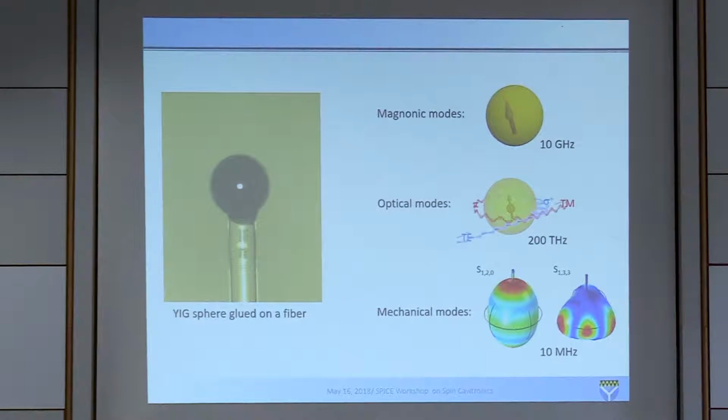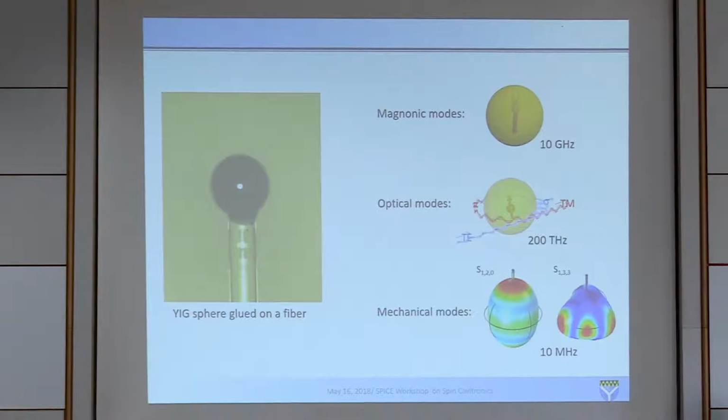I'm going to tell you about the interaction of a magnon with light, with photons. You may be wondering, the magnon oscillation is typically about gigahertz to tens of gigahertz.